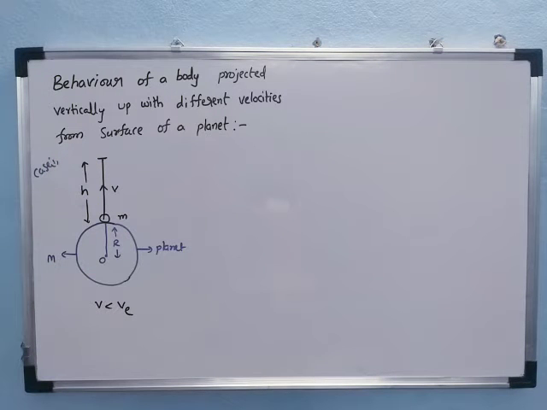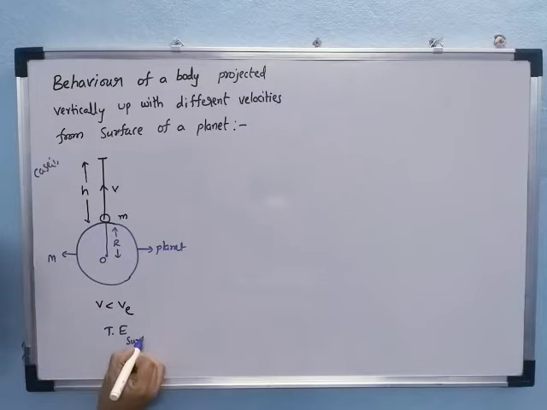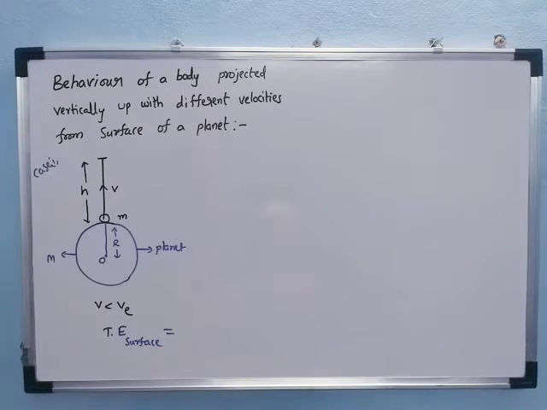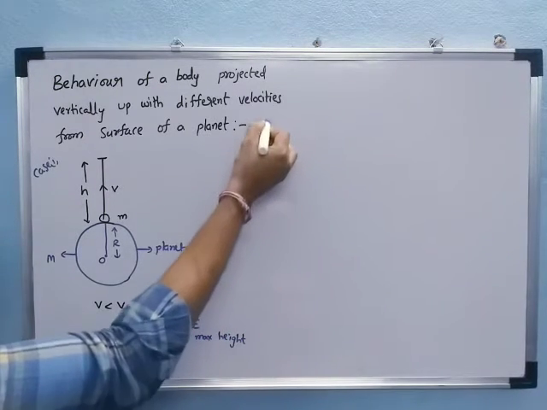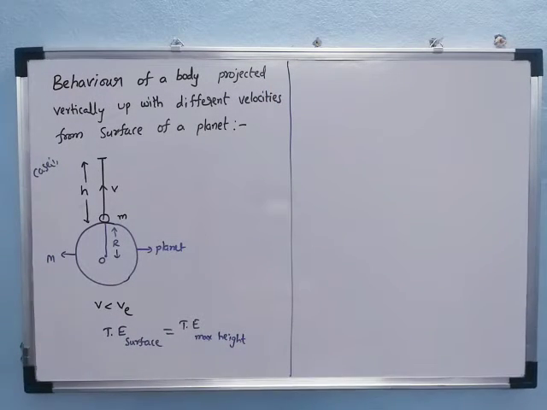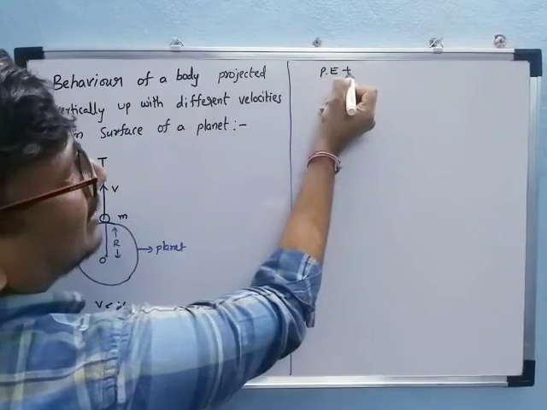See here, the total energy at the surface is equal to the total energy at the maximum height. The total energy at the surface is the sum of potential energy and kinetic energy.